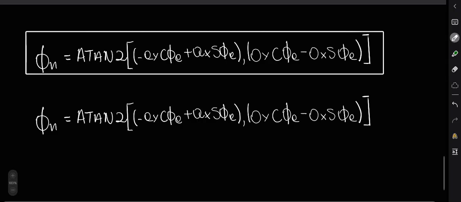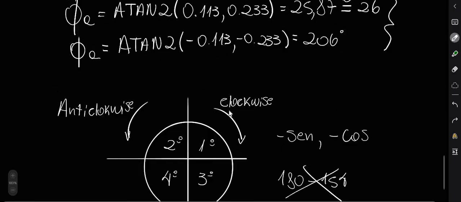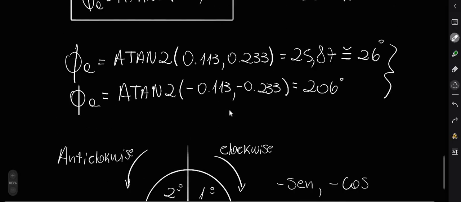Okay, so right here we have cosine of phi A, sine of phi A, and we have solved it for phi A, and phi A has two solutions. Phi N and phi O will also have two solutions.